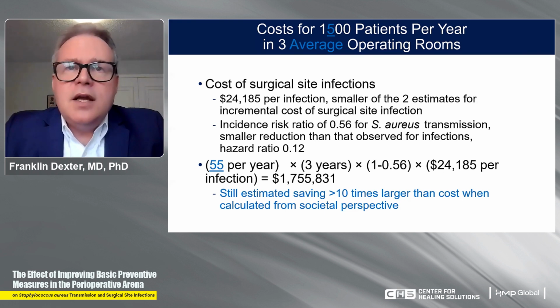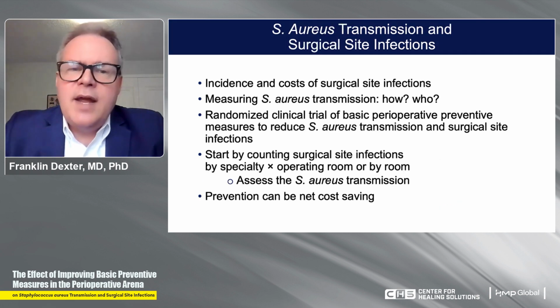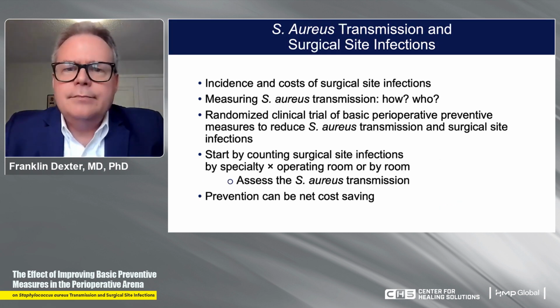What targeting essentially means is not including the patients and the operating rooms and the specialties that have hardly any infections at all. So we are excluding the half of rooms and specialties without infection. That is what targeting means, and it depends on relying on your data.